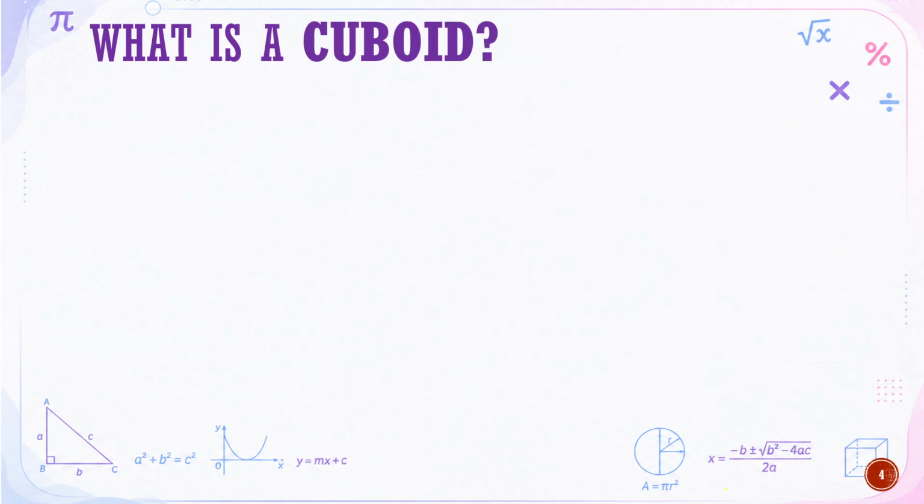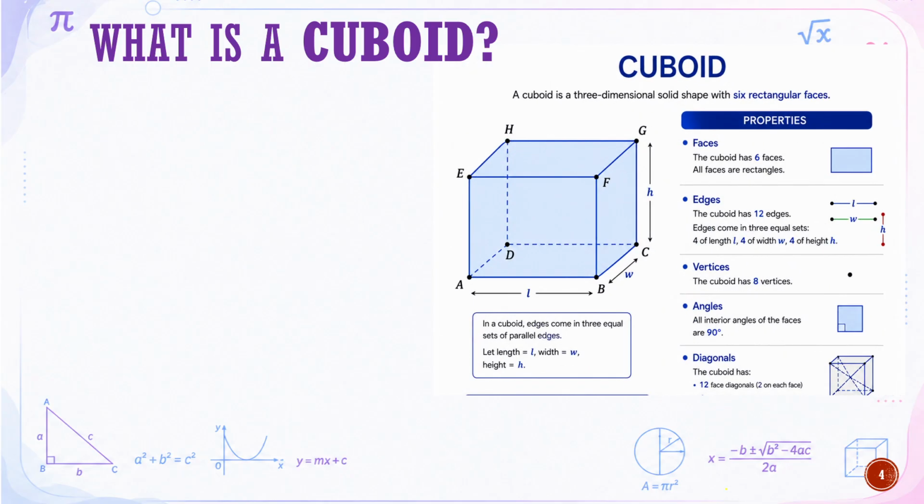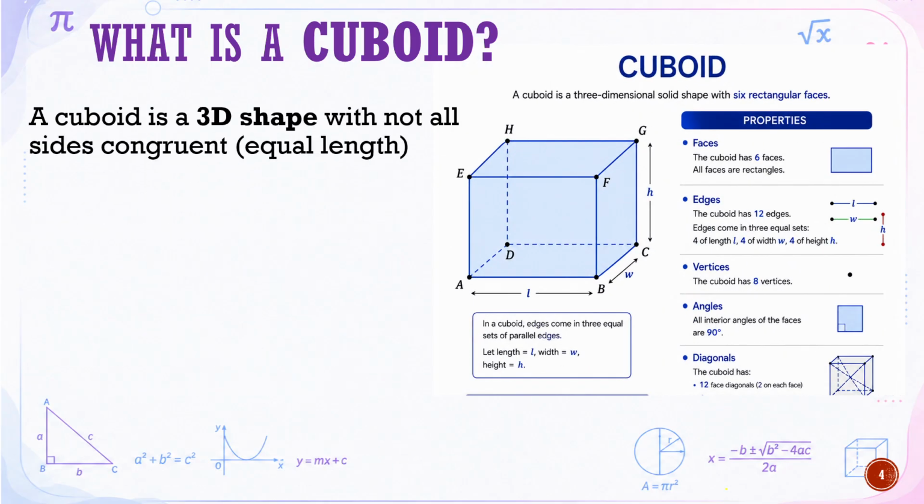All right, let's talk about now what is a cuboid. When it comes to a cuboid, again it's a three-dimensional shape where not all sides are congruent. A cuboid is like a cube but having different sizes of the sides. A cuboid is a three-dimensional solid shape with 6 rectangular faces.